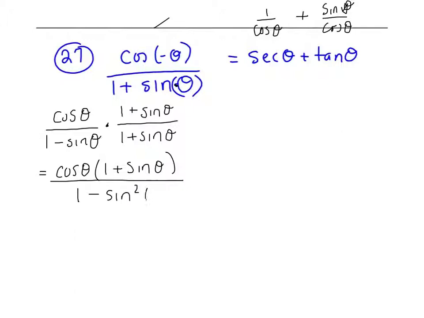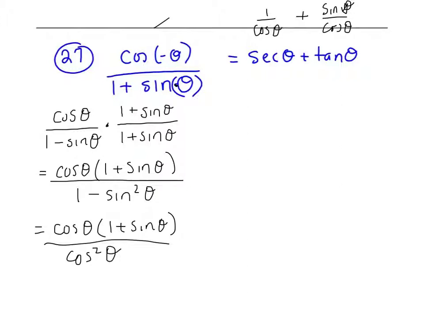Sine squared theta. Well, I know from the Pythagorean identity 1 minus sine squared is cosine squared. So I have cosine theta, 1 plus sine theta over cosine squared theta. I can cancel the cosine with one of the cosines in the denominator. And I am left with 1 plus sine theta over cosine theta.